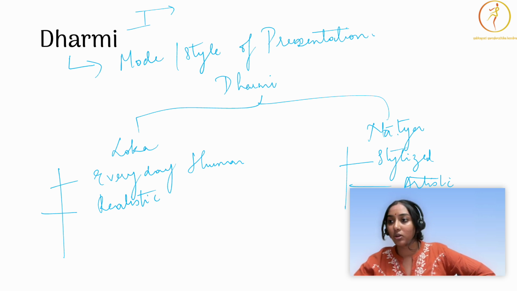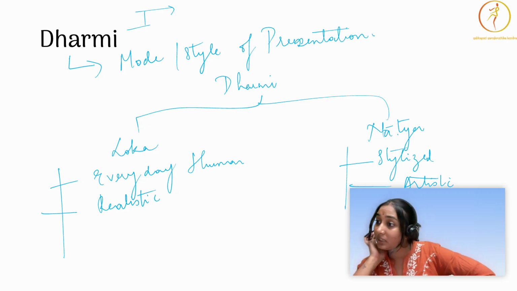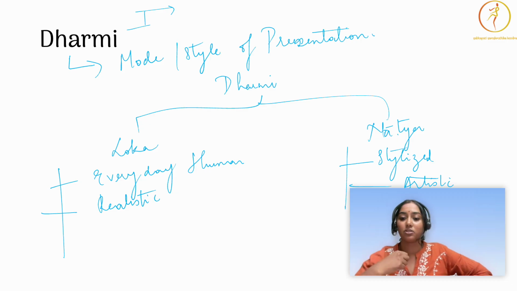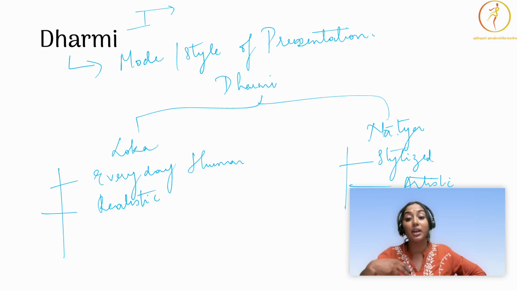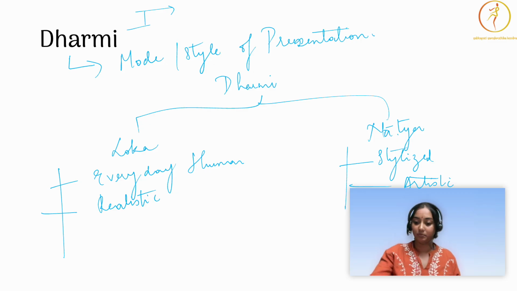So this is Natya Dharmi, the conventional or symbolic mode of dramatic representation which follows theatrical modes. When you do everyday kind of actions, use props or everyday movements, that becomes Lokadharmi. When you do that in a very stylistic, artistic manner, it becomes Natya Dharmi.